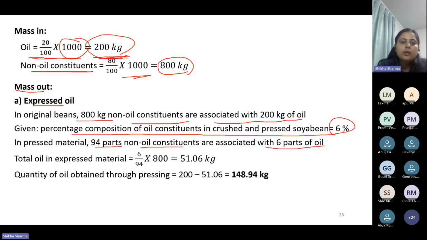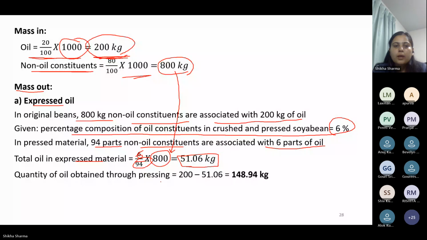So the total oil expressed, or which we get in the output, is 6% oil divided by 94 non-oil part, into 800, because 800 is the meal part, the non-oil part. So that equals 51.06 kg.